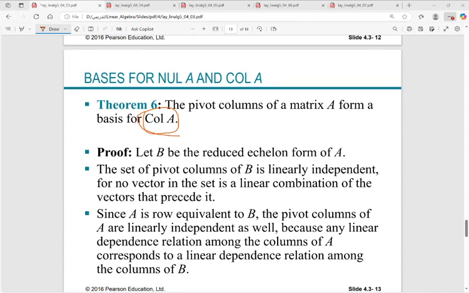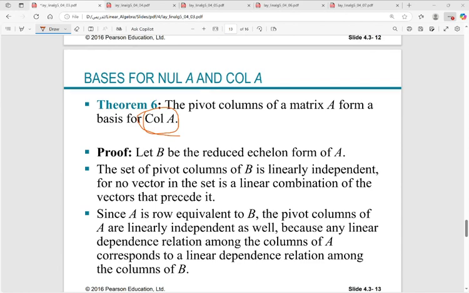What is Null A? Who can say what Null A is? Doctor, the null space of an M by N matrix A, the set of all vectors... Null A actually is the set of all solutions of the homogeneous system Ax equals 0, right?